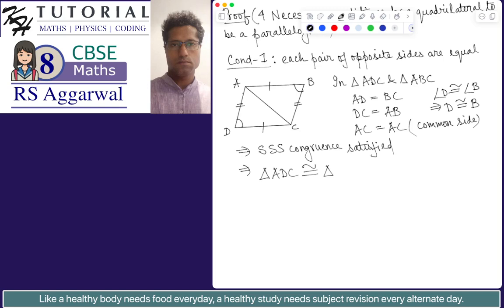That is the angle A. And what is the angle included between the sides BC and AC? That is the angle C. So we have angle A corresponding to angle C. So this will imply the vertex A's corresponding vertex is C.